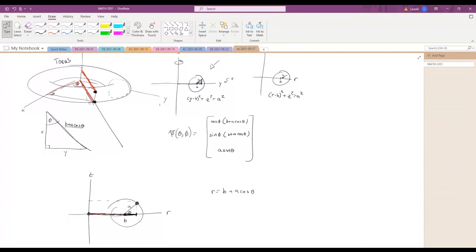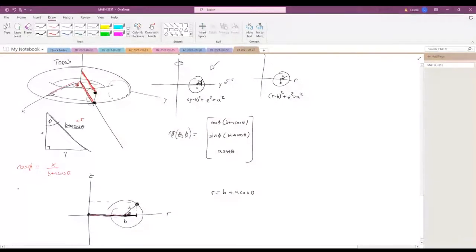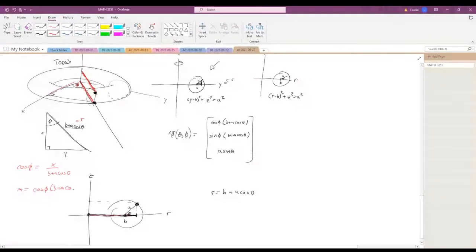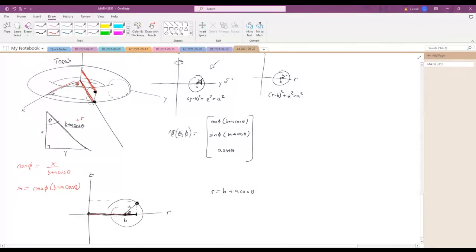Right, so this is R, cosine of phi, according to this picture, is x divided by R. So I'm getting the x coordinate as cosine phi times R. And so on. And the y coordinate is sine phi times R. All right.